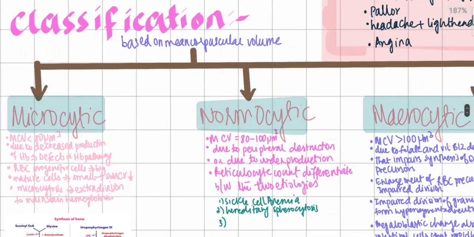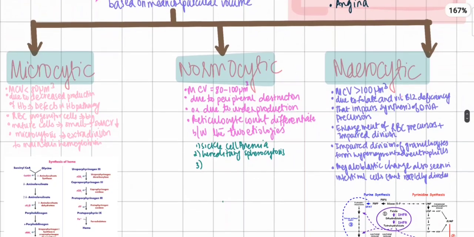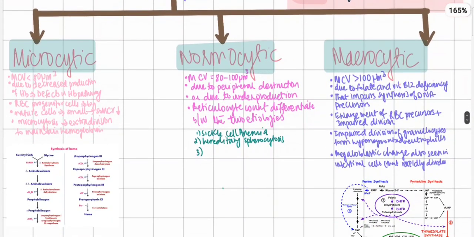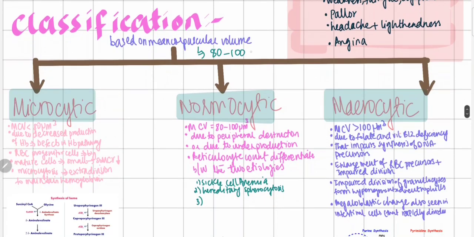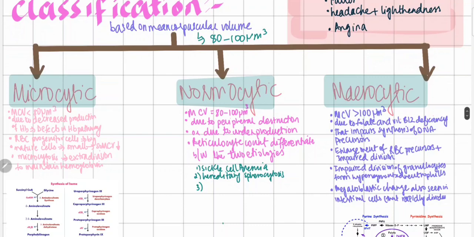Now, based on the mean corpuscular volume, we have three divisions. We have microcytic anemia, because we know the normal MCV is 80 to 100, in femtoliters, because it's volume. In microcytic, it is less than 80. In normocytic, it is 80 to 100, but still the RBC count or RBC mass is low.